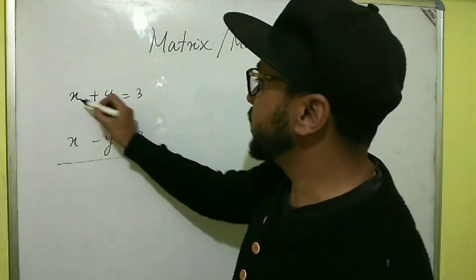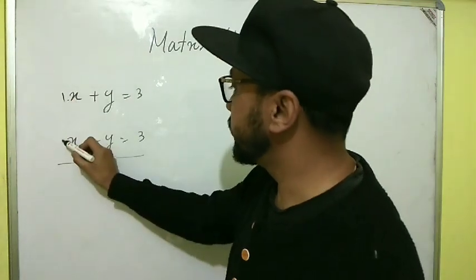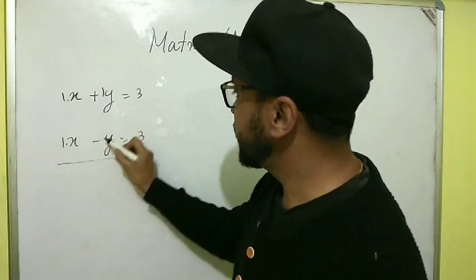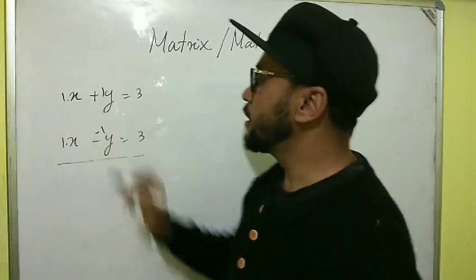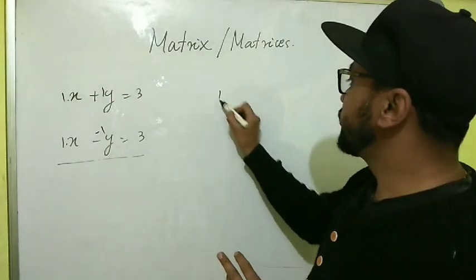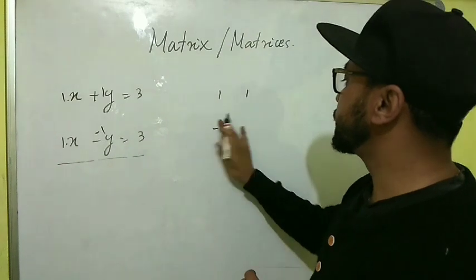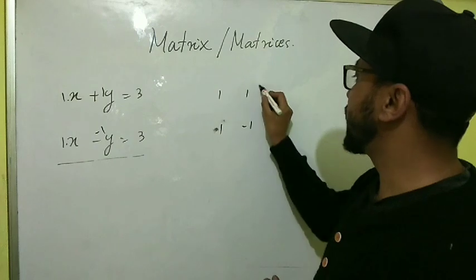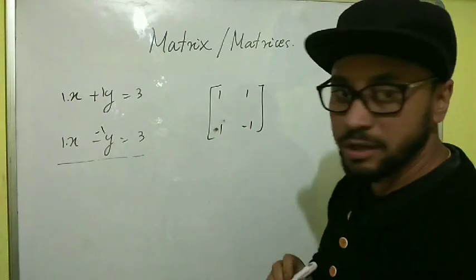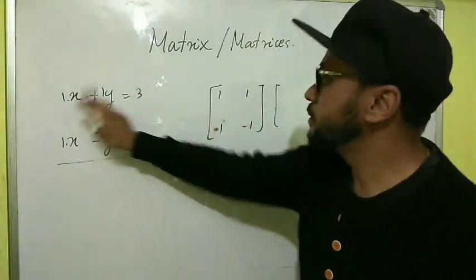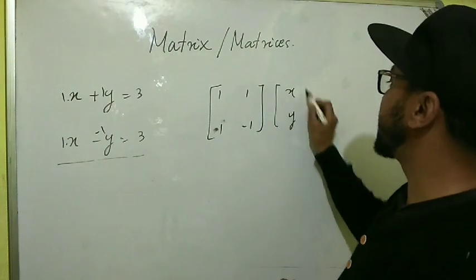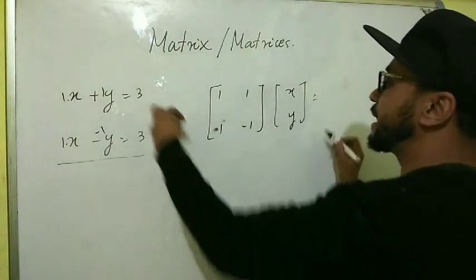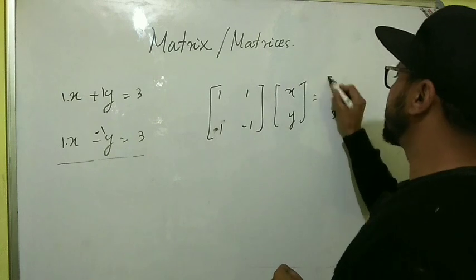What is the coefficient of x here? 1. Here also 1. The coefficient of y is 1, here it is minus 1. We write the coefficients of x and y in a kind of box. Then we write the variables we are finding, and whatever is on the right hand side, so 3 and 1.